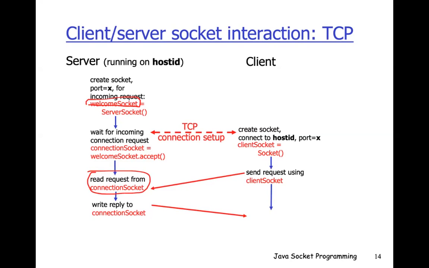Here, since we don't do multi-threads, this welcome socket will be blocked. If you do multi-threads, then the welcome socket can still listen to the channel and wait for other connections, but you will create multiple threads. This one we will discuss in operating systems. Don't worry too much at this time.